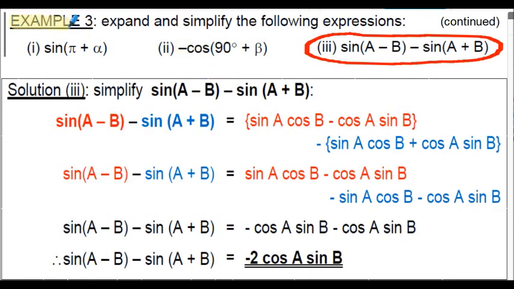So example 3 and part 3, we've got to simplify sine of in bracket a minus b minus sine of a plus b. So this time we'll be using two compound angle formulae, one for the sine of the difference of two angles and subtracting from that the sine of the sum of two angles.